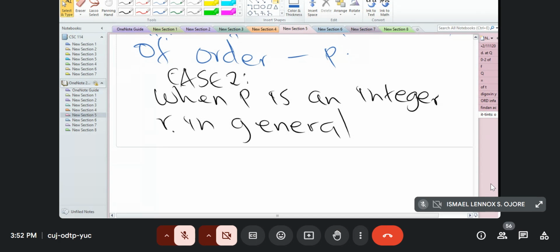When p is an integer or in general, then the solution will be given by, we've used up to C6.